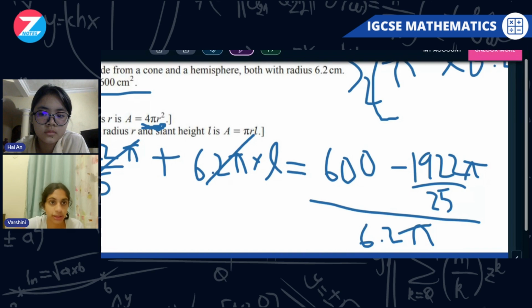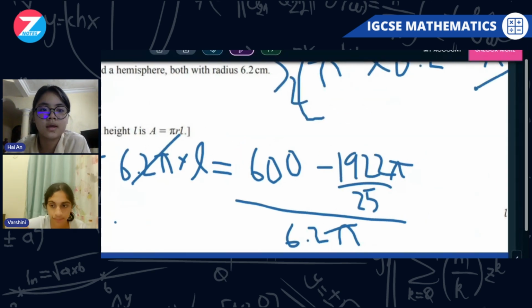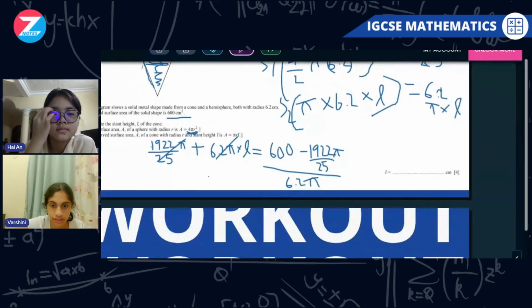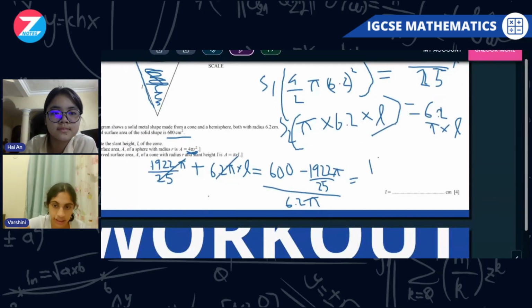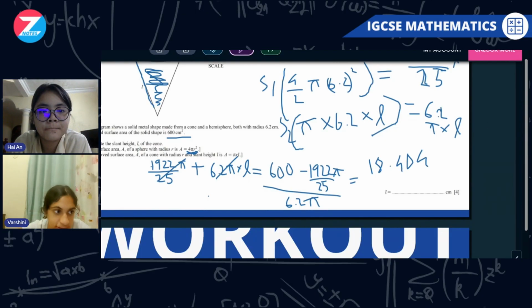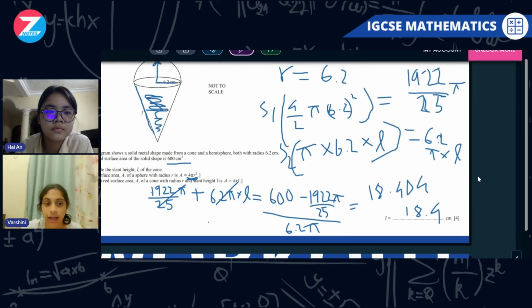And you should get, hold on, zoom this out, 18.404. And remember, again, always round this to 3 significant figures. So we're going to round this off and make this 18.4, which is our answer.